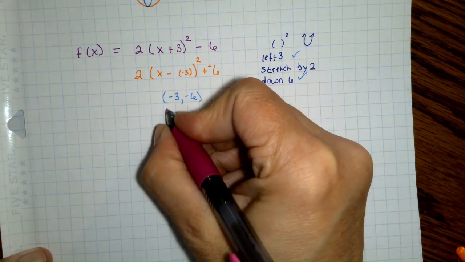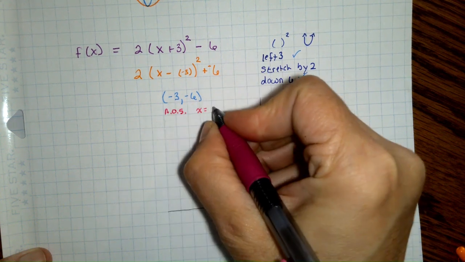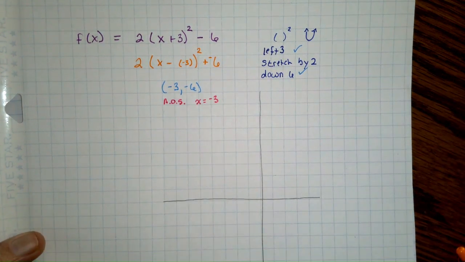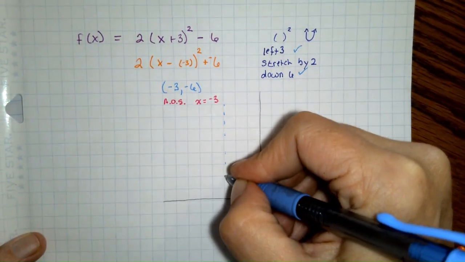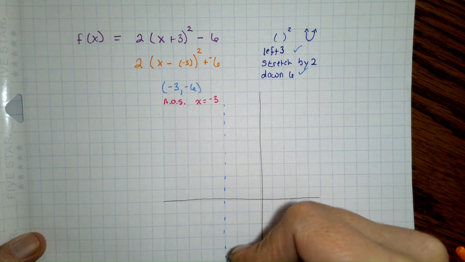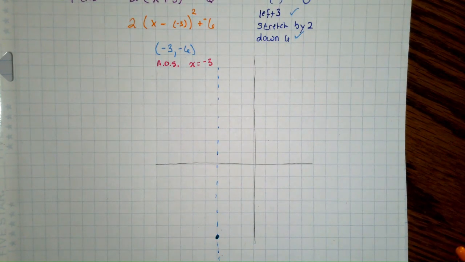Remember the axis of symmetry, it's kind of a fold line, right? It's x equals our h value, which in this case was -3. So this right here is going to be our fold line. So that has to be the center of our graph.